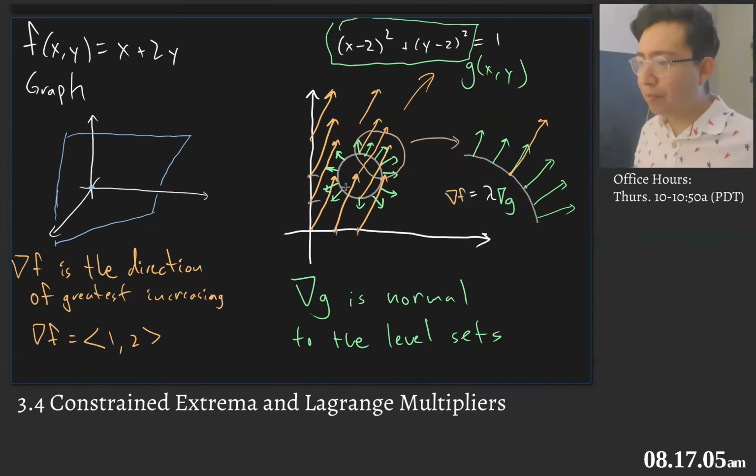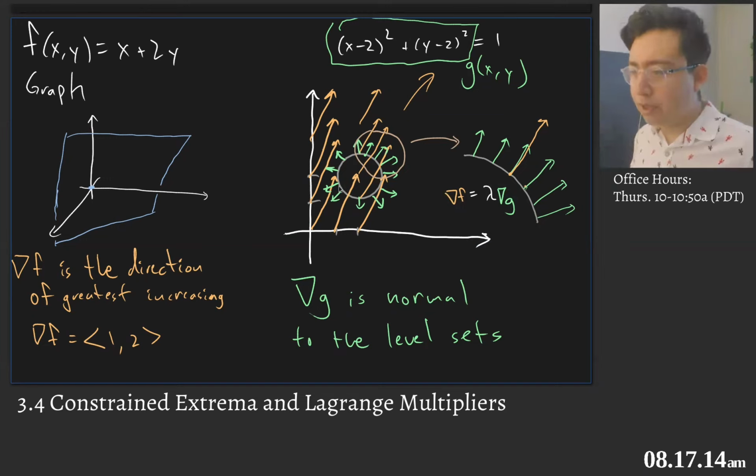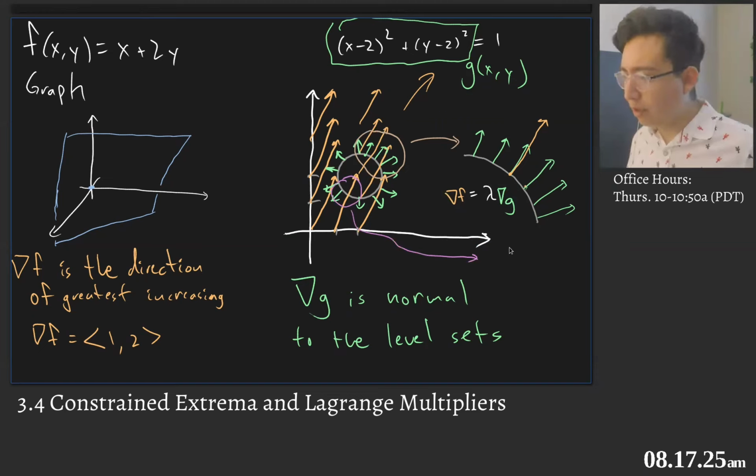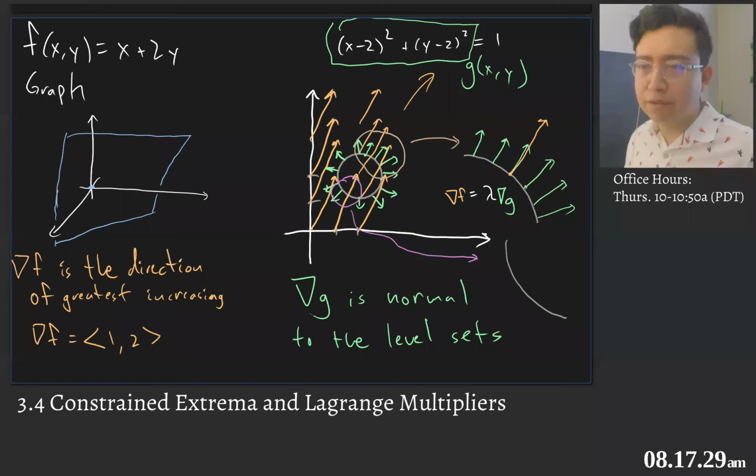Now, at this point over here, if I were to zoom in, let's say somewhere over here, then we'd have something kind of the opposite happening. So we'd have the circle, the other side of the circle, and we'd have these green arrows pointing out.